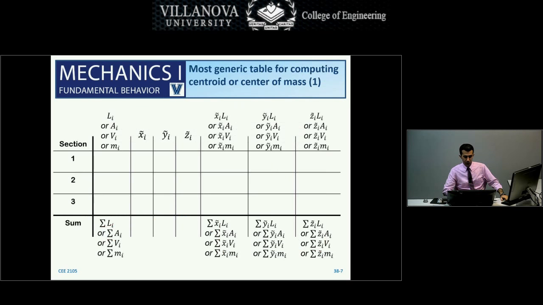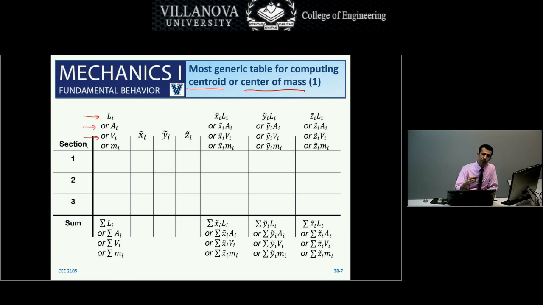All right, so that being said, we can generalize everything that we have said so far into this table for finding the centroid or the center of mass for composite bodies. It's going to depend on your decision whether to assume the problem to be a composite line, composite area, or composite volume, or maybe you're dealing with center of mass.